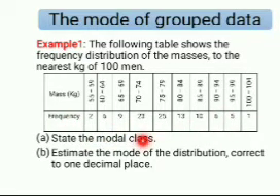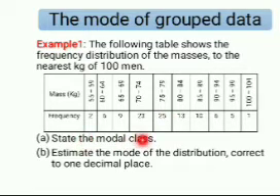Since we know that the mode is the highest frequency, the class is the highest frequency. So the highest frequency here is what? So we have 23, 25. So 25 is the highest frequency. Now, if you trace this 25 back to the mass here, you can see that the class 75 to 79 has the highest frequency.